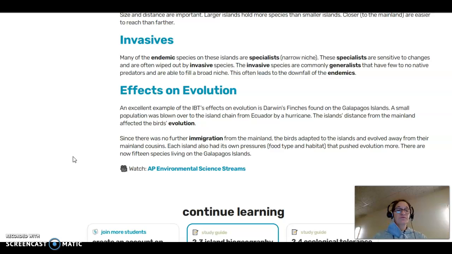Well, if those few individuals that reached the island had a wide variety of their own traits, even though they're the same species, they might have resources there that allow them to be successful. For example, let's say there are larger seeds, and the birds that blew over have beaks from small all the way up to large.